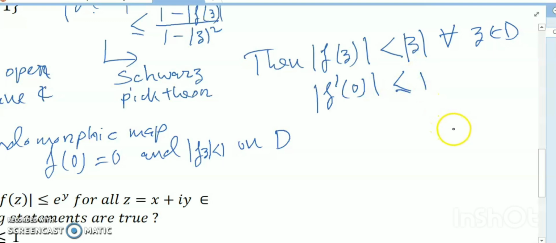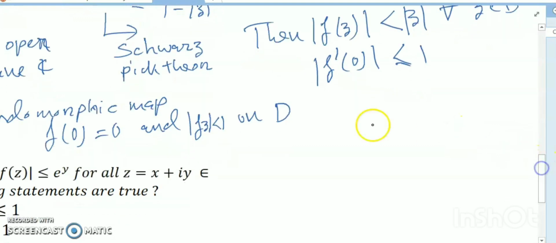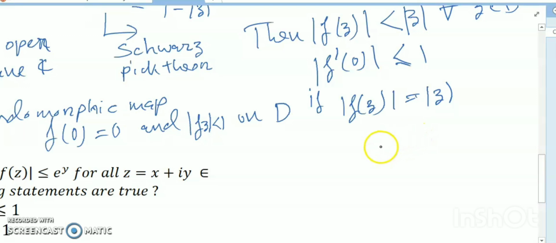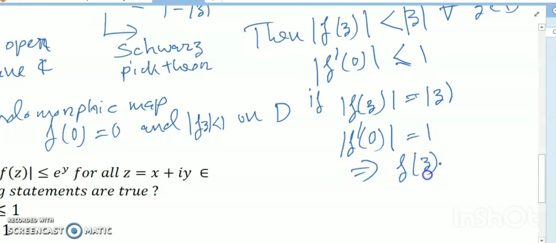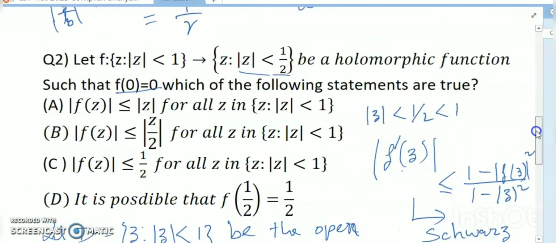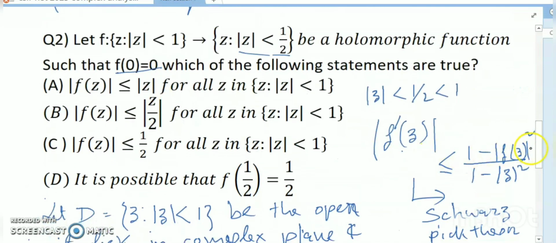Moreover, if mod of f z equals mod z for some non-zero z, or if mod of f dash 0 equals 1, then that implies f z equals a z for some a belonging to C, with mod of a equal to 1. So friends, you see that this is the total statement.